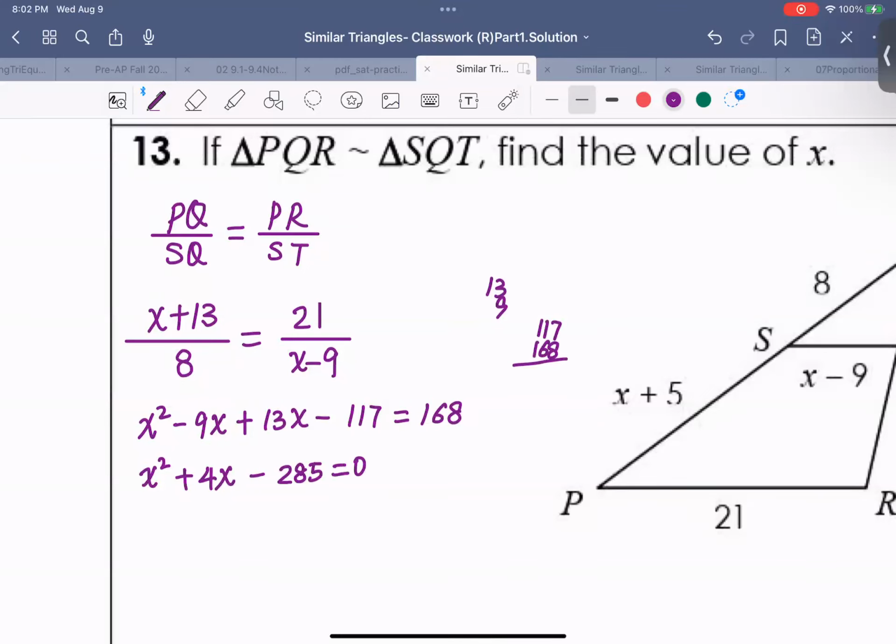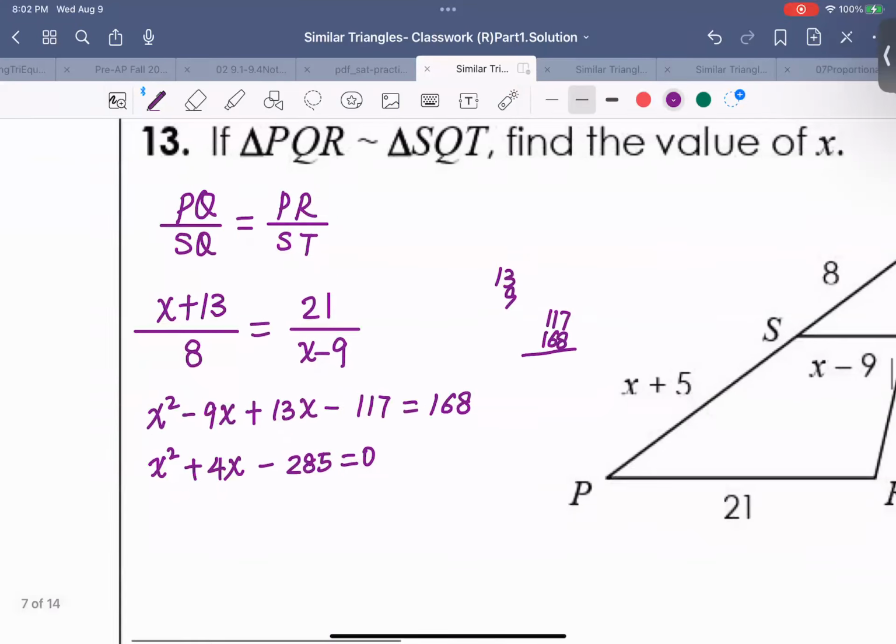When we see this number, it is a little bit big, but we can simplify.